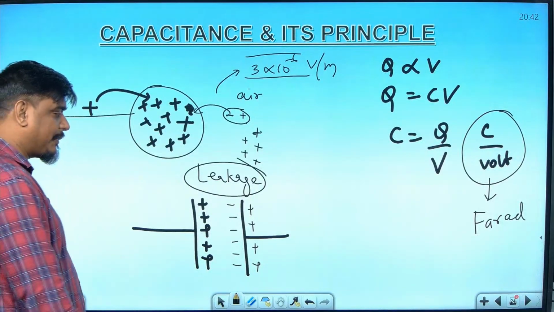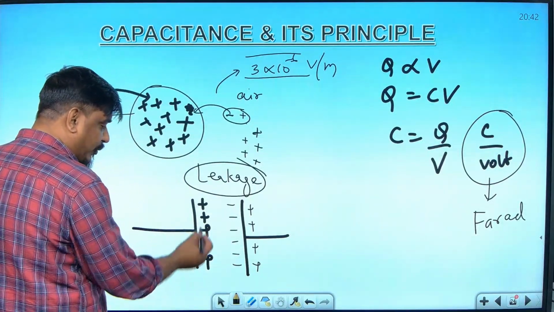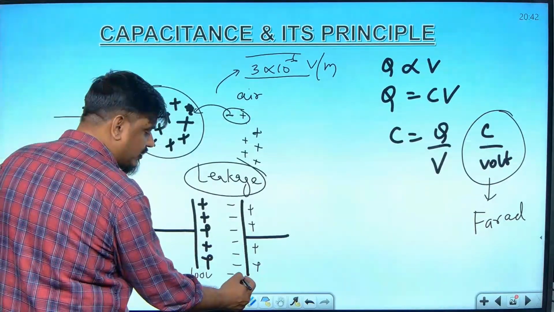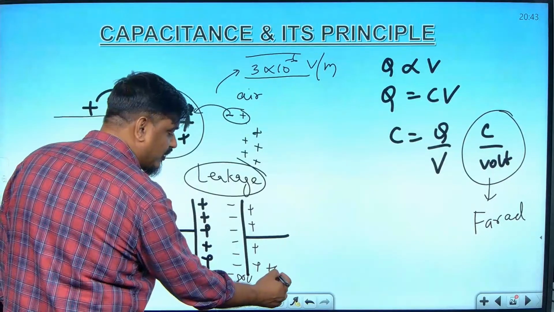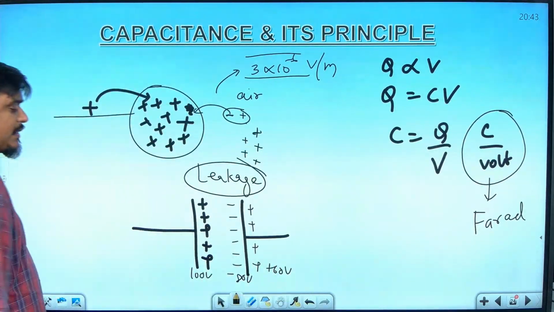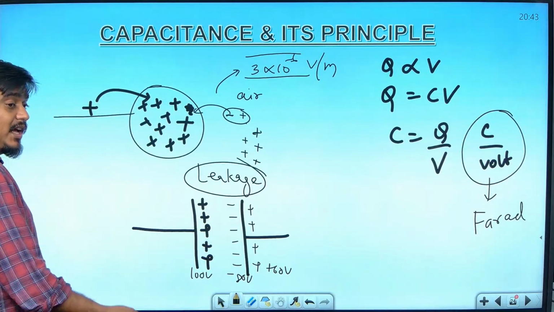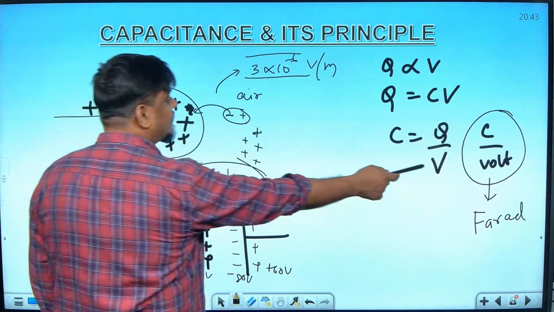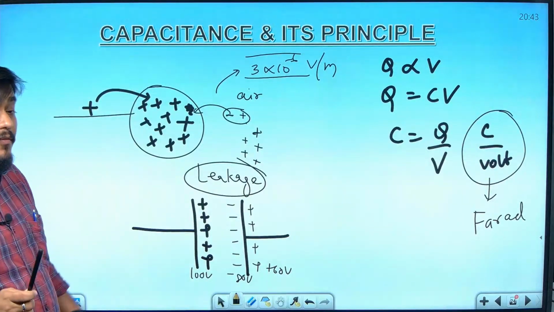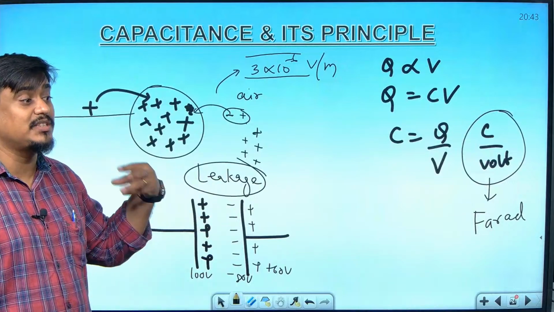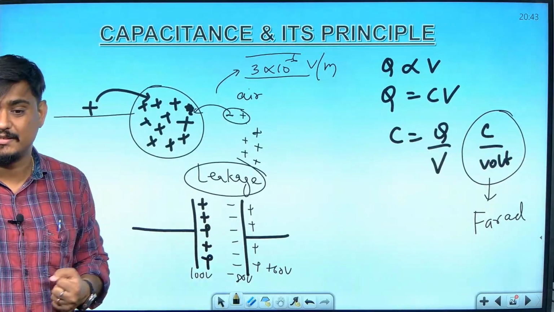Suppose the potential of this surface was 100 volt and this becomes minus 80 volt and this becomes plus 60 volt. Add all these things, 100 minus 80 plus 60, how much will you get? 80. So from 100 it reduced to 80, the potential got reduced, capacitance will get increased. That's why we bring an uncharged plate in front of a charged plate. It reduces the potential, increasing the capacitance.